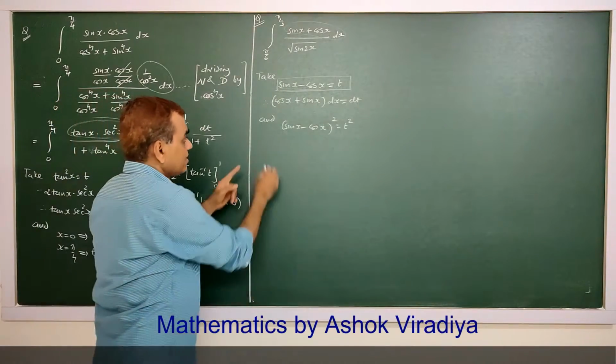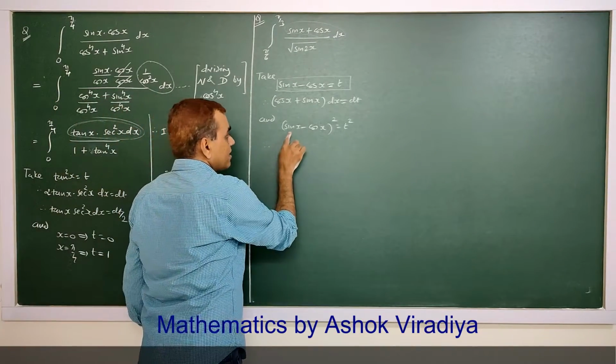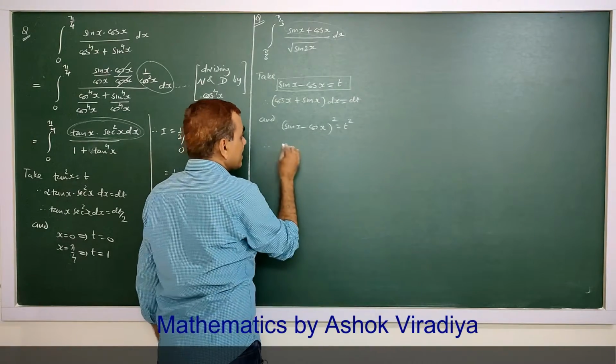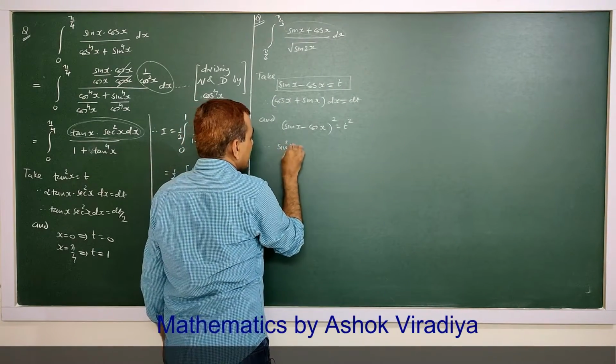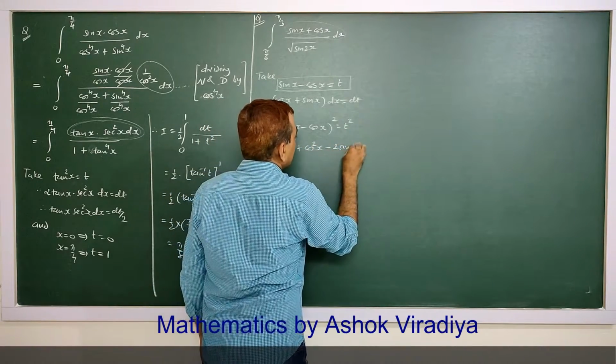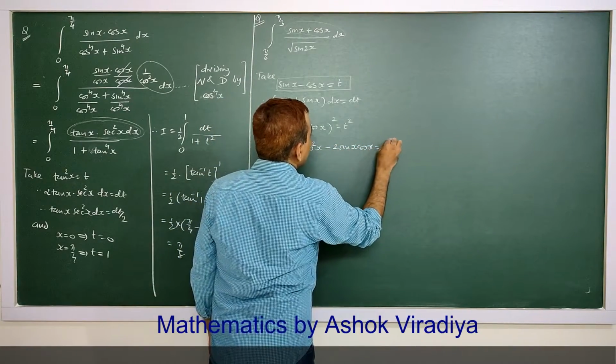Expanding, sin square x plus cos square x minus 2 sin x cos x equals t square.